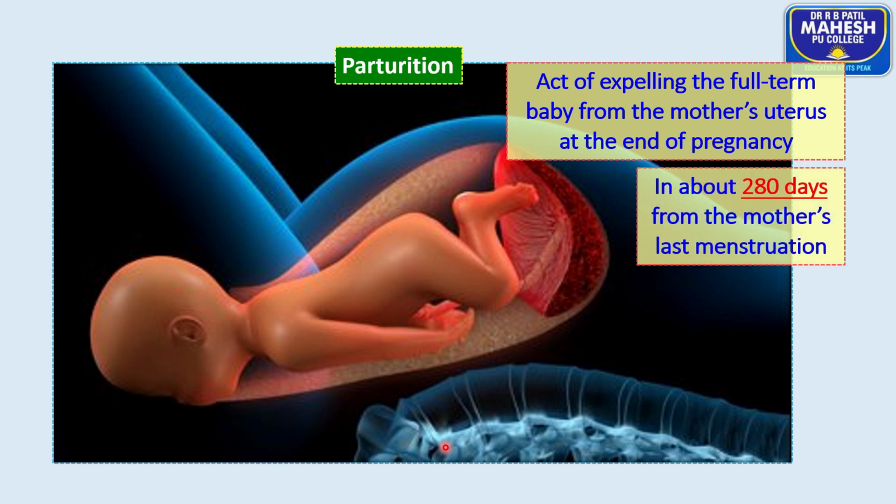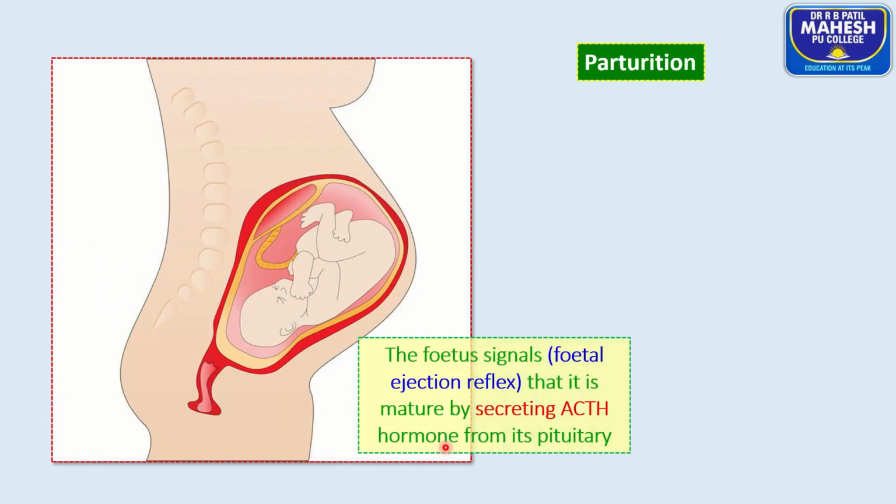So it takes place in about 280 days from the mother's last menstruation. The fetal ejection reflex takes place, and that stimulates the posterior lobe of the pituitary to release a hormone called oxytocin. The fetal signals mature by secreting ACTH, adrenocorticotropic hormone, from the pituitary.